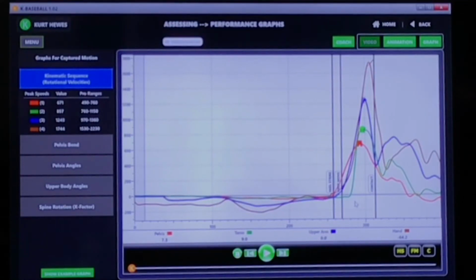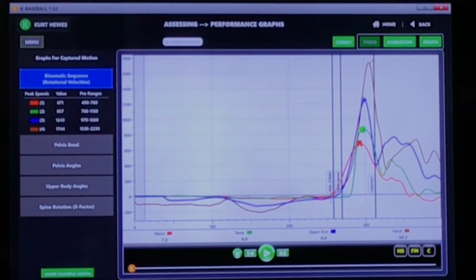We're able to see a lot of things and make really good decisions about the training that we're going to prescribe or offer because of the information that KVest is able to give us. We use these graphs all the time to figure out what the athlete actually needs to work on.